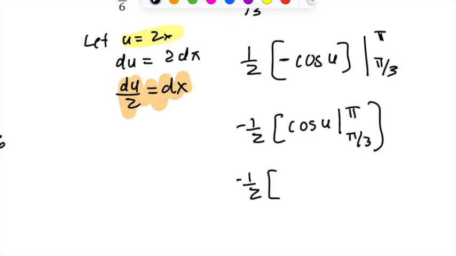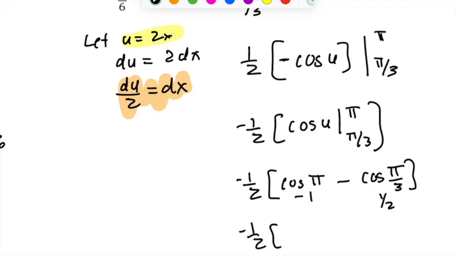So cosine of pi is going to be -1 minus cosine of pi over 3, which is 1/2. So -1 minus 1/2 is going to be -3/2. And then if I multiply that by the -1/2 again, I'm going to get 3/4.